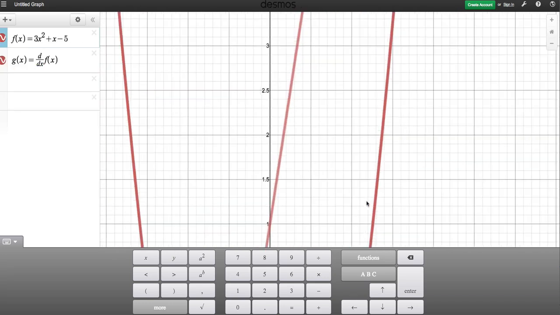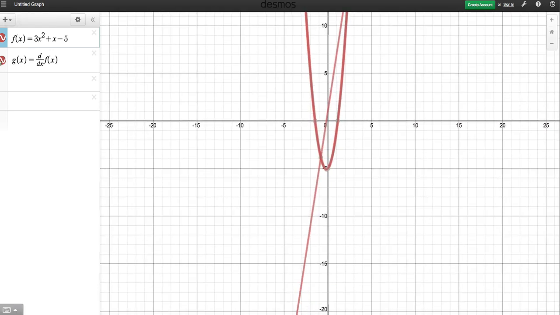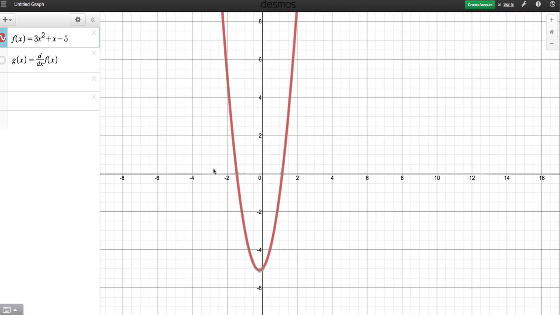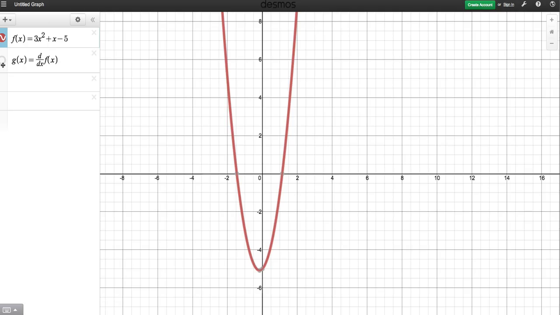And let's just zoom out a little bit here, and let's change the color of this. So the function given, f of x, is clearly a quadratic. It's a parabola. The gradient function, when we worked it out, you might notice is a linear function, 6x plus 1. And if we go back to Desmos, there it is. There's the gradient function here.